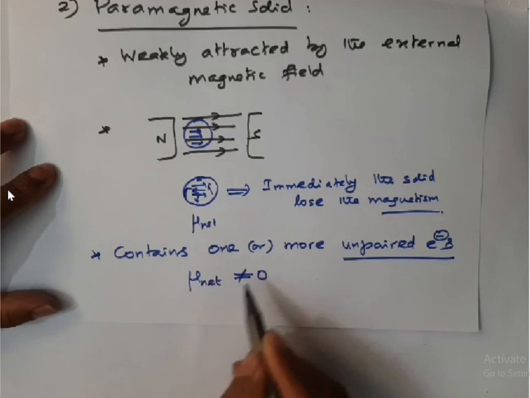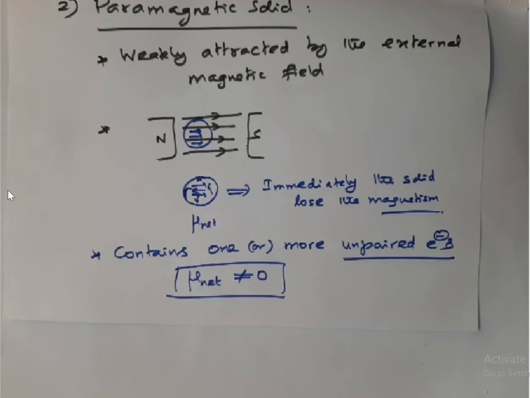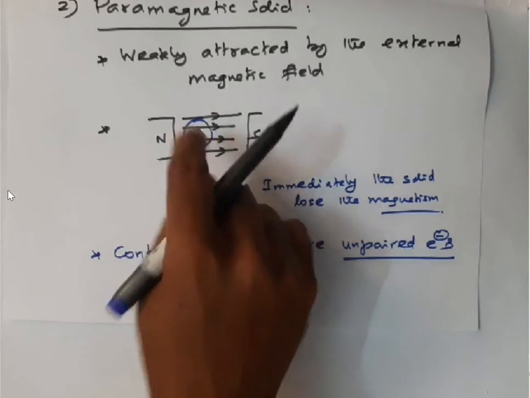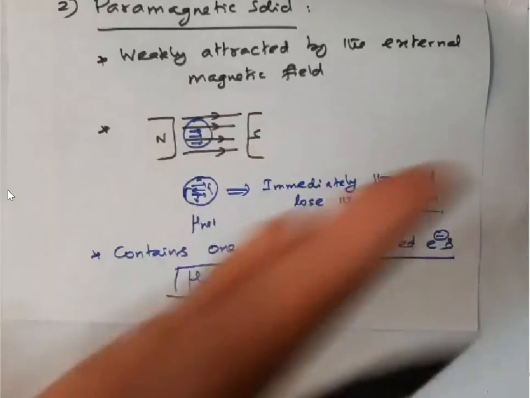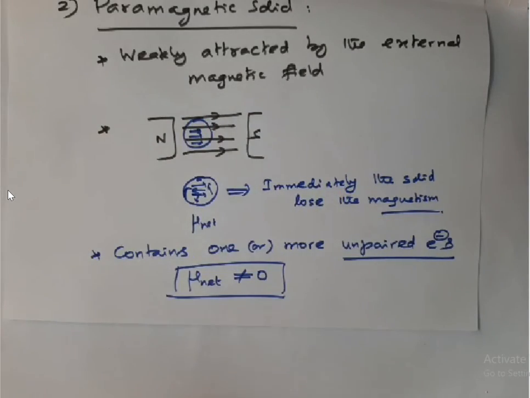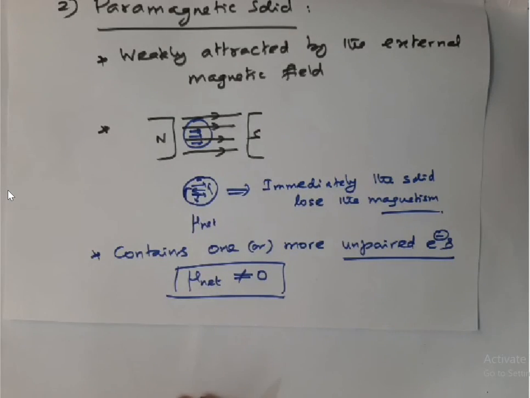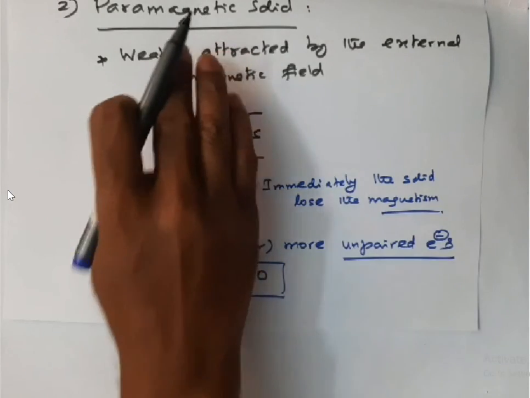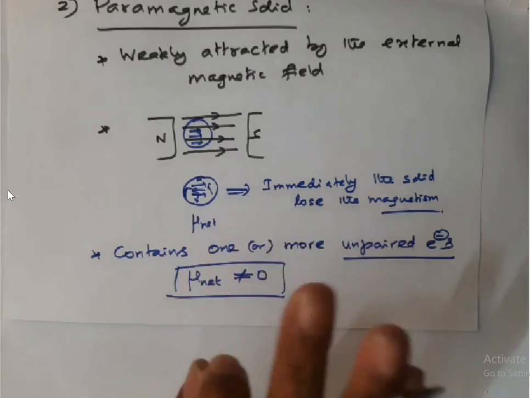The magnetic moment is not zero here. Because when you place it in the magnetic field, they get magnetized, and the magnetic field is in the same direction as the external magnetic field. Therefore, the material will have some magnetic moment. And remember, paramagnetic materials contain at least one unpaired electron.